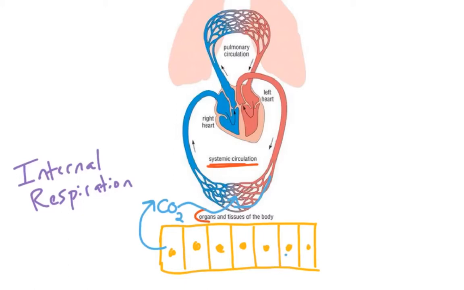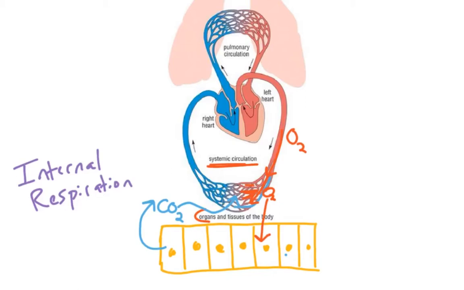On the flip side, with oxygen, a major goal of our systemic circulation is to carry that oxygen to the tissues. So as that oxygen travels to these capillary beds, it's going to be at a high concentration in these capillary beds relative to the tissues. And so oxygen will simply diffuse from that blood supply into our tissues.